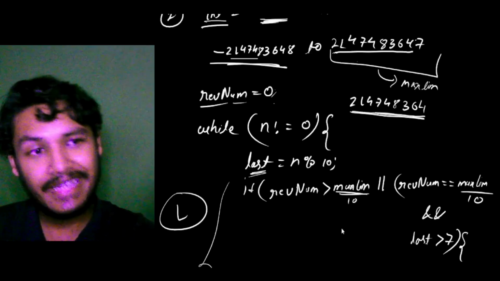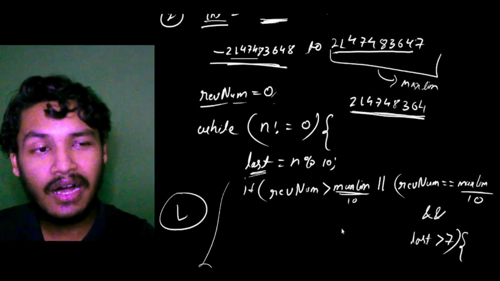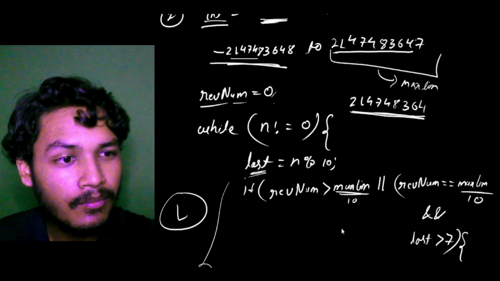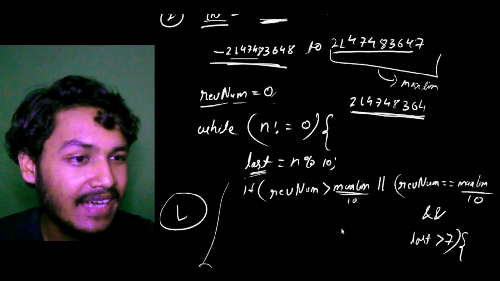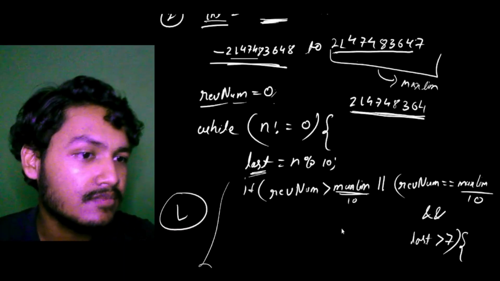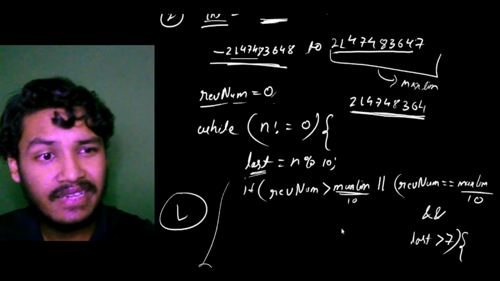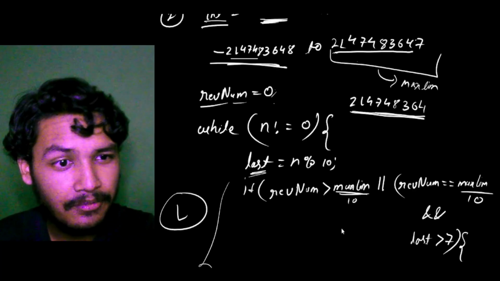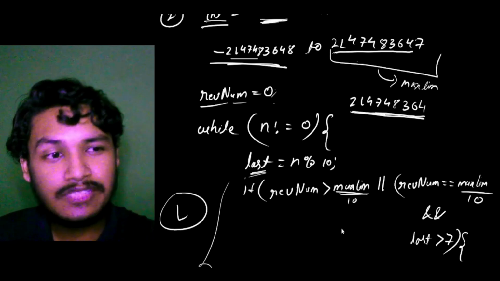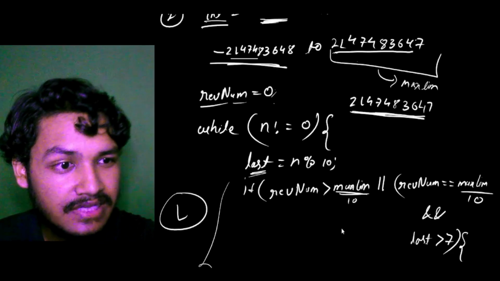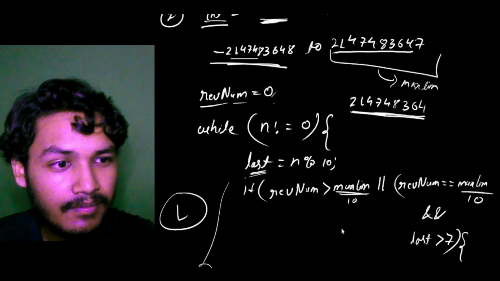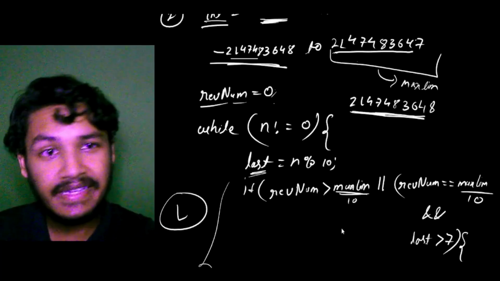So what can we add more in this value to stay in the range? At max we can add 7. If we add 8 here, the range will exceed.